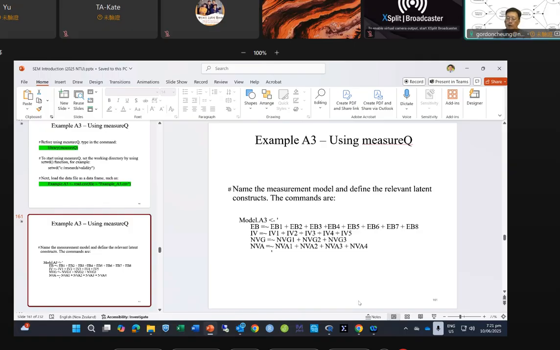It's not good enough, because you are not explaining the variance of the items. If we adopt the approach by Fornell and Larcker, we expect the average variance extracted to be at least 50%, 0.5. What that means is our latent variable can explain 50% of the variance of the indicators.